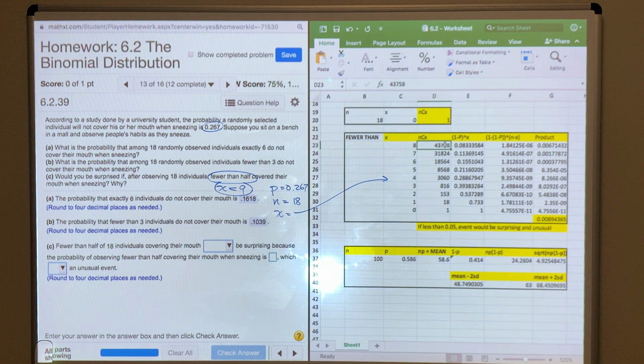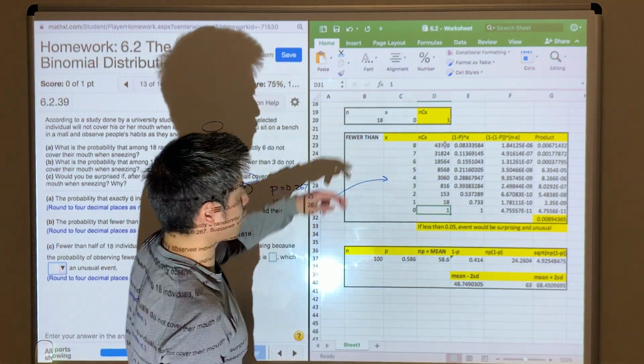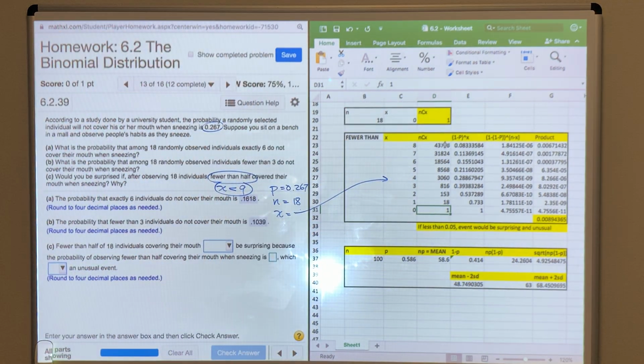So I did all of those right away, so I don't have to keep going back and forth. I can keep my train of thought in the same concept.